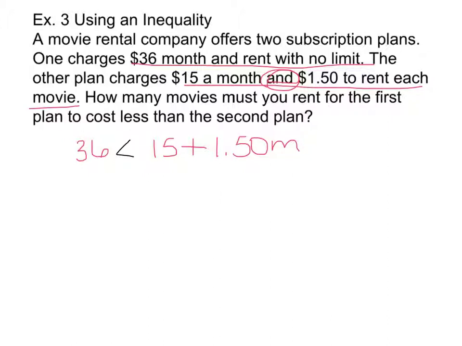And then you would just solve for M. So you would subtract 15 from both sides. And then you would divide. And I know a lot of students don't like the variable to be on the right side. So if you are going to switch it, be careful. Because right now, it's saying that you're going to have to rent more than 14. So make sure you write it like that.